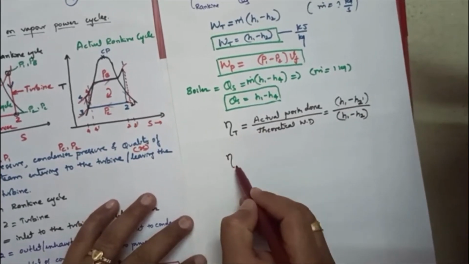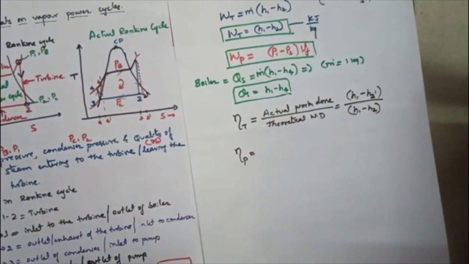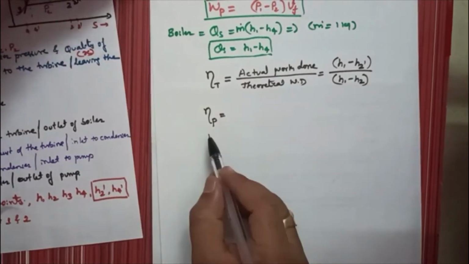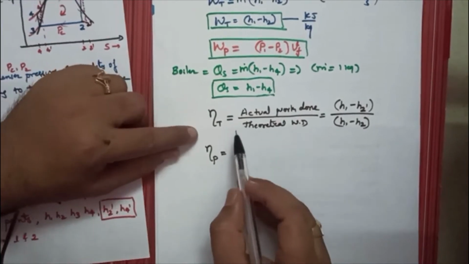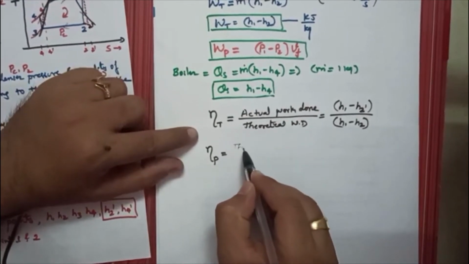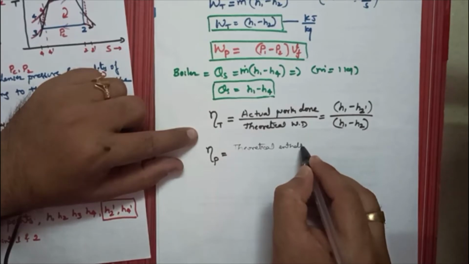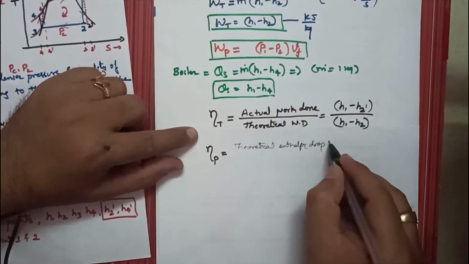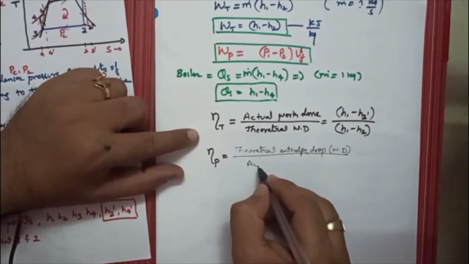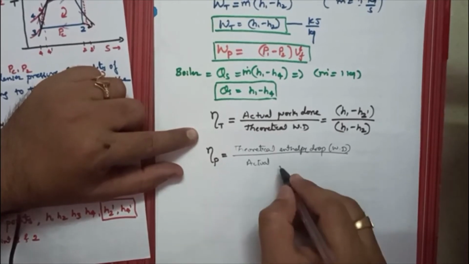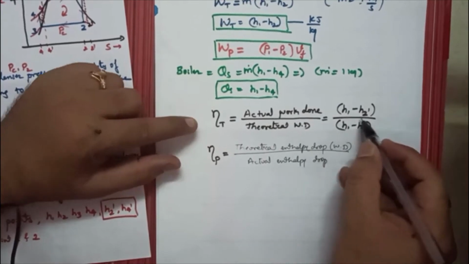And similarly the efficiency of the pump. The efficiency of the pump is the reverse of the turbine, it is just opposite. Here you have taken actual in the numerator, but for the pump you have to take the theoretical enthalpy drop, or you can say work done, both are the same, divided by the actual enthalpy drop. Enthalpy drop is nothing but the difference in enthalpies.